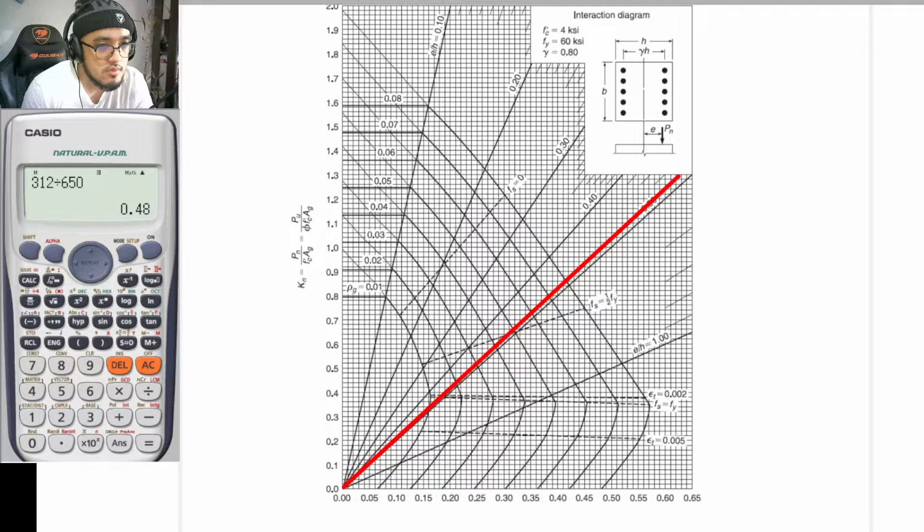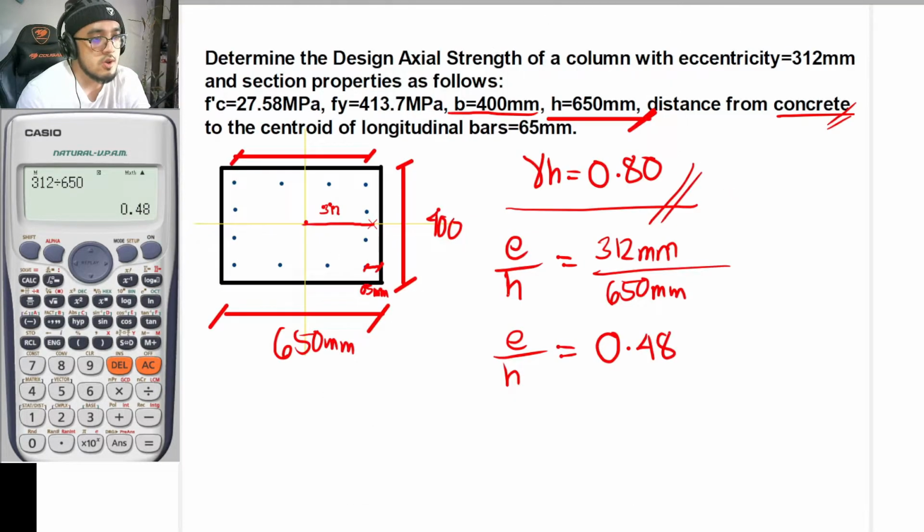So this is now to be our 0.48 line, because this is 0.4, this is 0.42, 44, 46, and 48. So once again, we would be making use of this particular line here. But what curve should we use? So your curve, guys, is to be dependent upon your rho G.